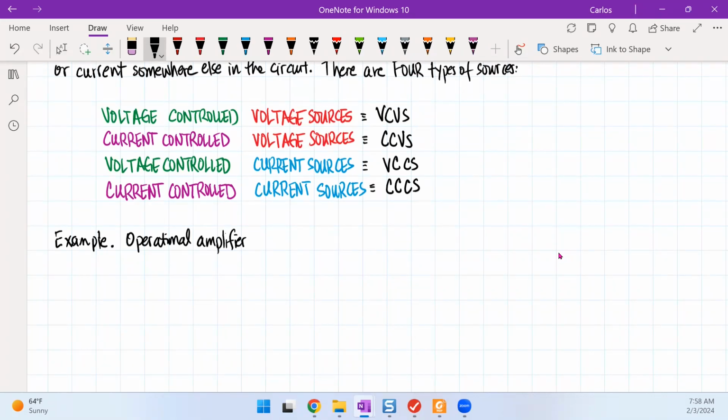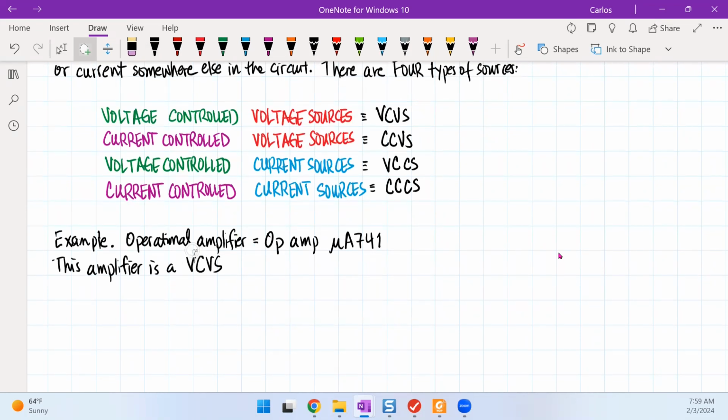And typically they go by the acronym op amp, and it's the micro amplifier 741. It's definitely one of those amplifiers that's sort of like a workhorse. And this amplifier, or op amp, is a voltage controlled voltage source.